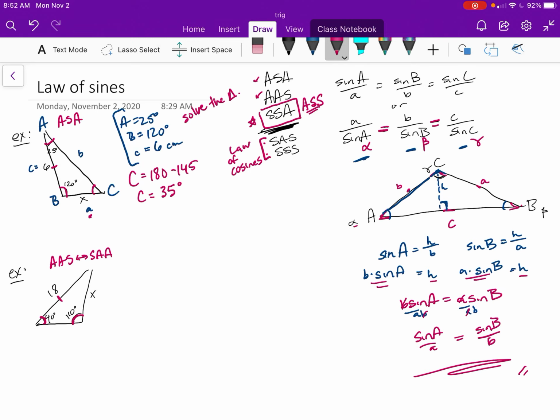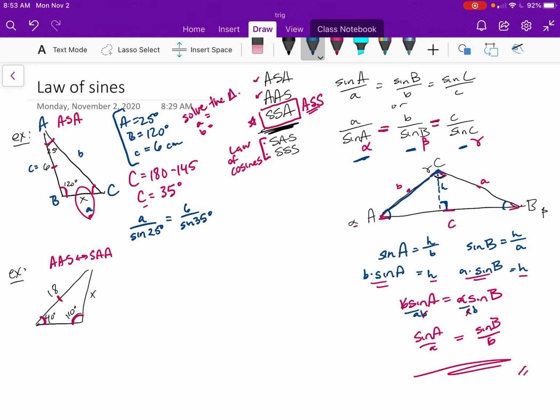Well, I have uppercase C. I would still need lowercase a and lowercase b. But for this one, because x is across from capital A, I only need lowercase a. So therefore, I am going to use lowercase a over sine A, sine of 25, equals lowercase c, 6 over sine C, sine 35.